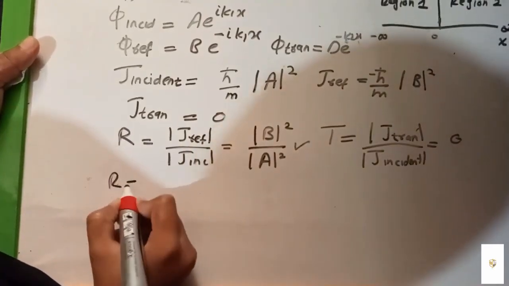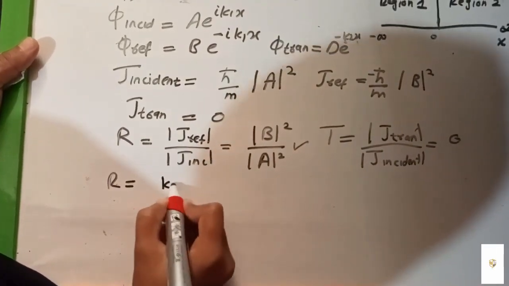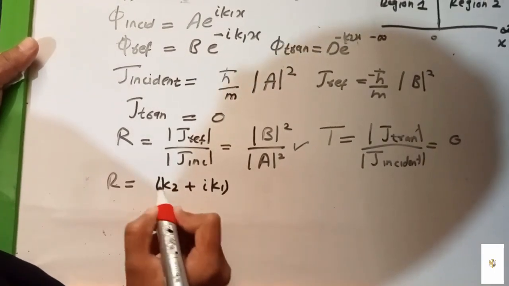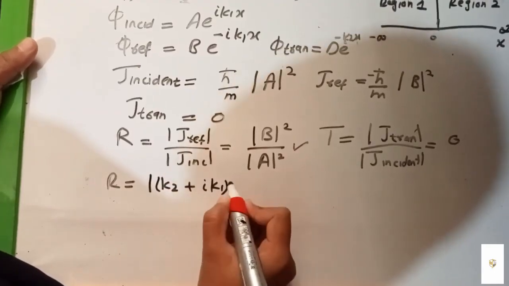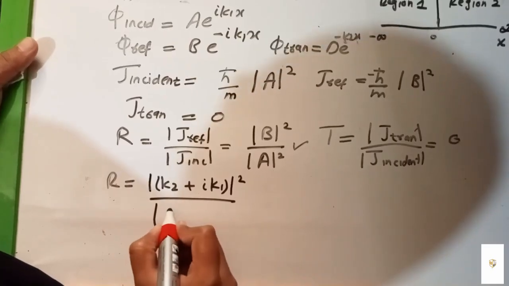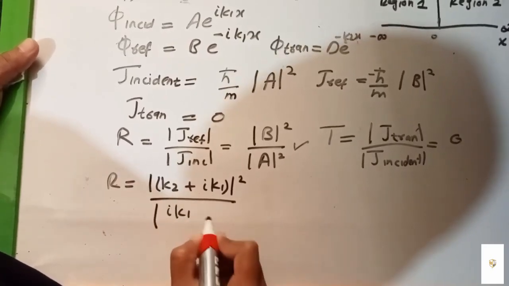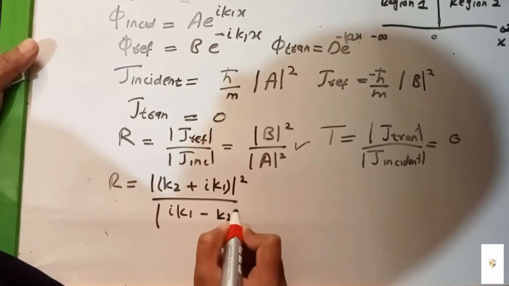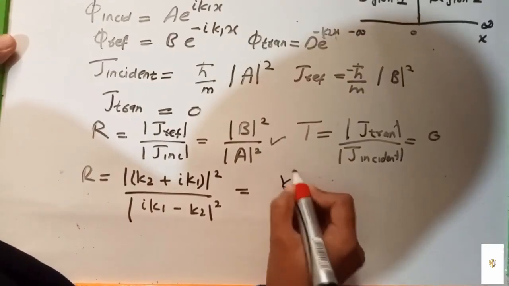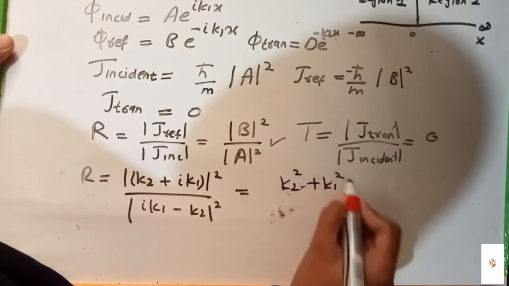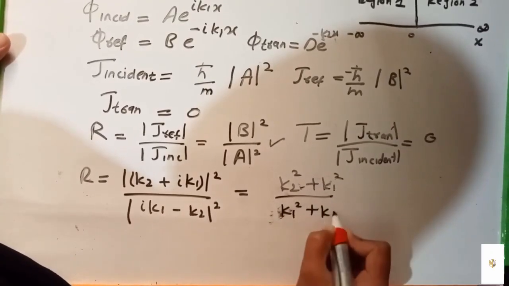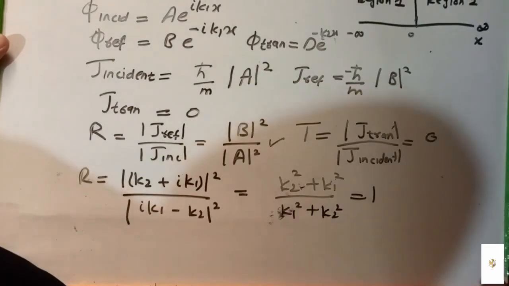So reflection coefficient is equal to modulus of (k2 plus iota k1) square over modulus of (iota k1 minus k2) square, which is equal to (k2 square plus k1 square) over (k1 square plus k2 square), which is equal to 1.